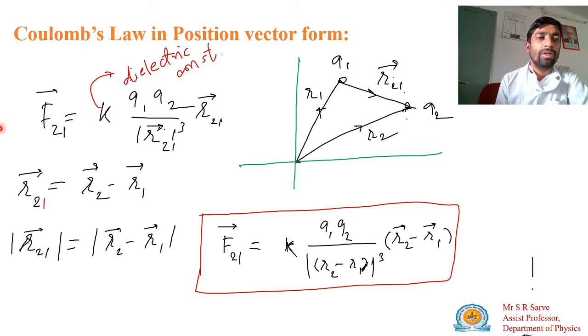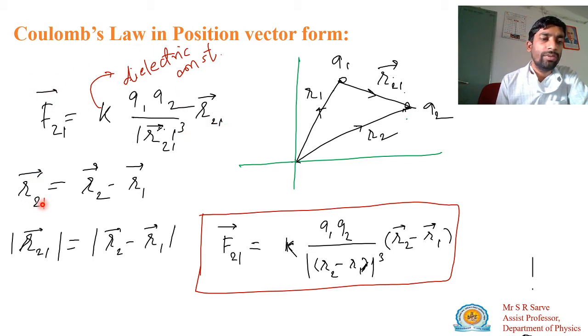According to Coulomb's law in vector form, the force exerted on charge 2 due to the first charge is given by k, the constant, q1 q2 divided by the magnitude of r21 vector cubed, into the r21 vector, which we discussed in the previous lecture.